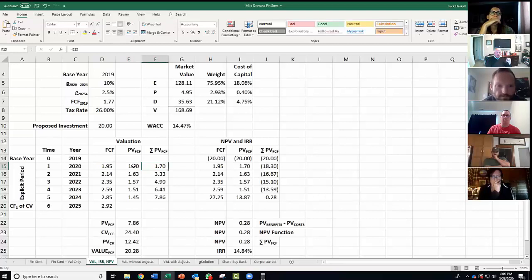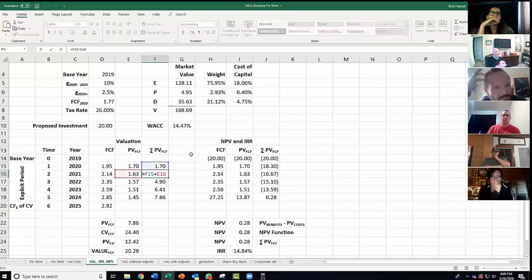And then in my third column, just as the header suggests, it's a summation, giving me a running total of the present values of the cash flows. I didn't have anything before this one, so there wasn't anything to add it to. In the next one, I've got something to add it to. So 1.7 plus 1.63 is equal to 3.33, and so on, in a running total.